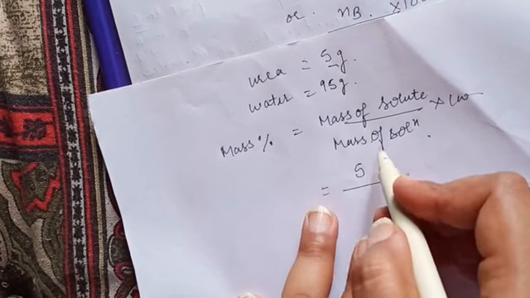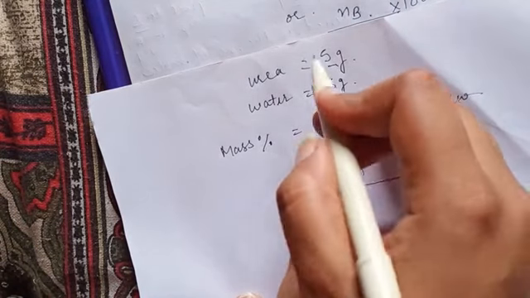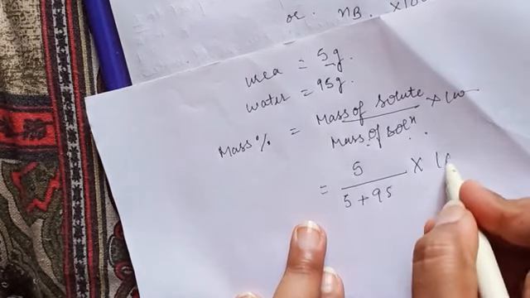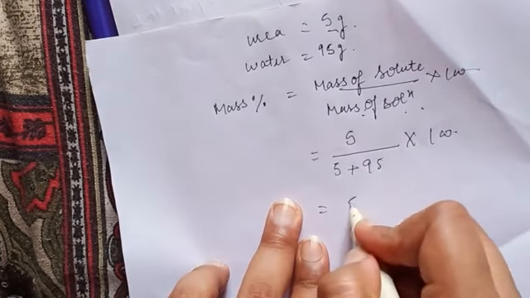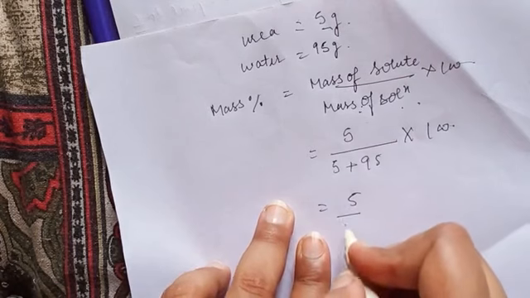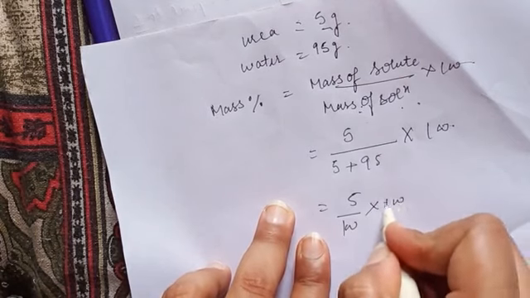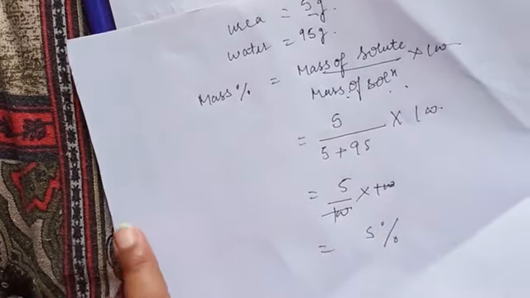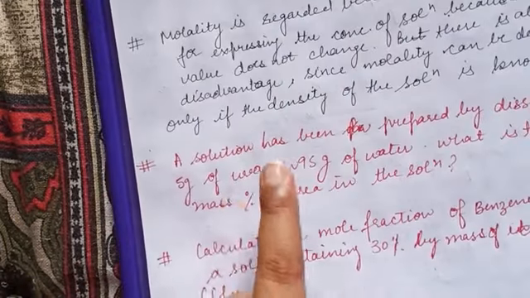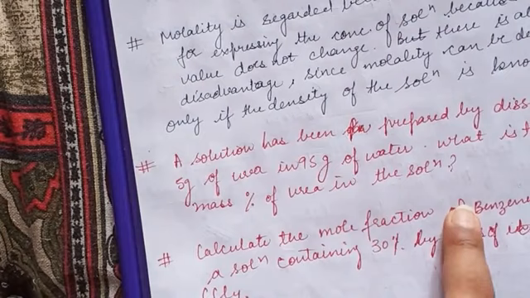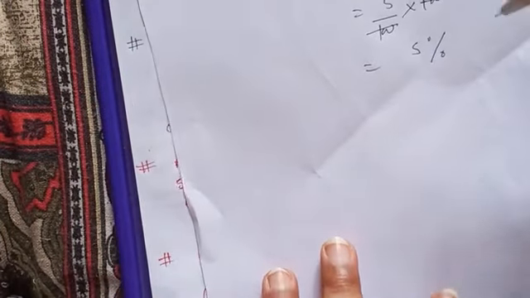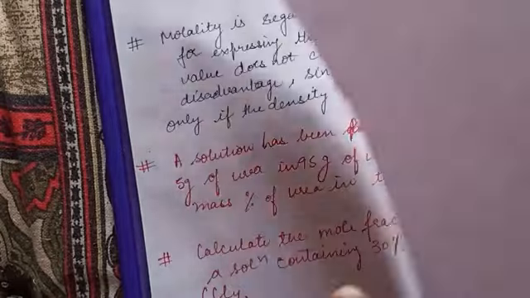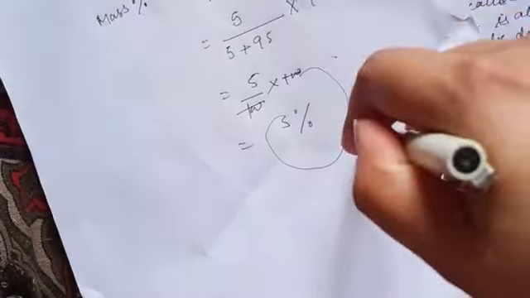Solution is the combination of solute plus solvent. So 5 by 95 plus 5, that means 100, into 100. That becomes 5%. So this is the answer. They have told us to find the mass percent of urea in the solution, that means 5%.